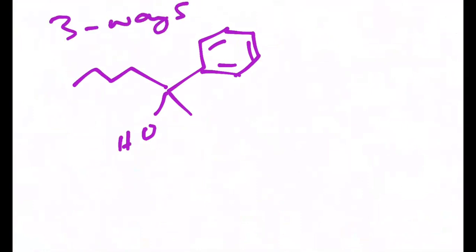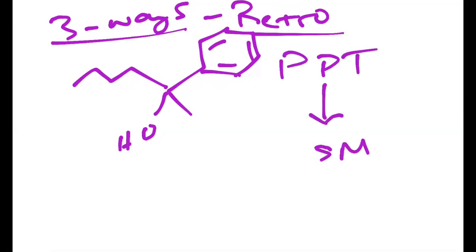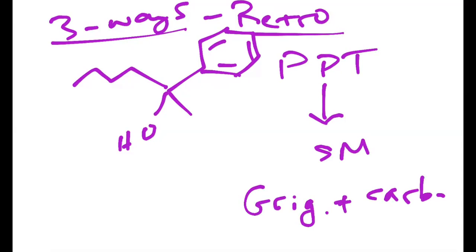And it asks for three ways, right, to retrosynthetically break that down. So this is your product, and you're trying to go to the starting materials, where the starting material is a Grignard plus a carbonyl, right?